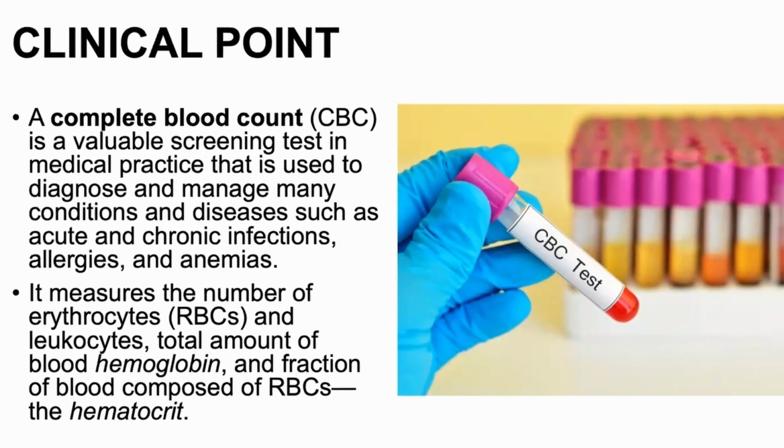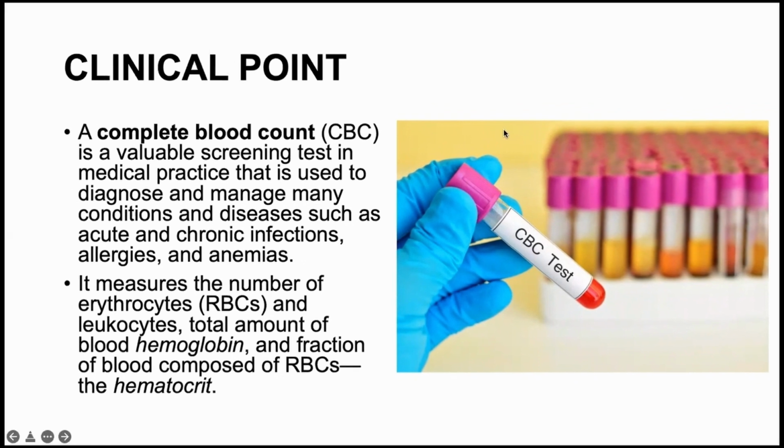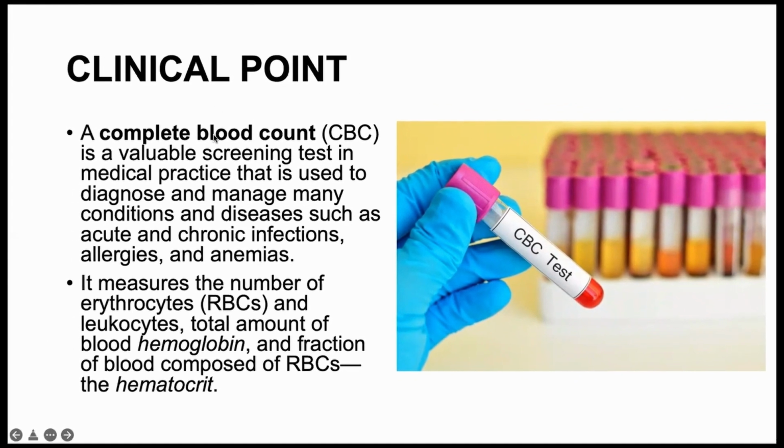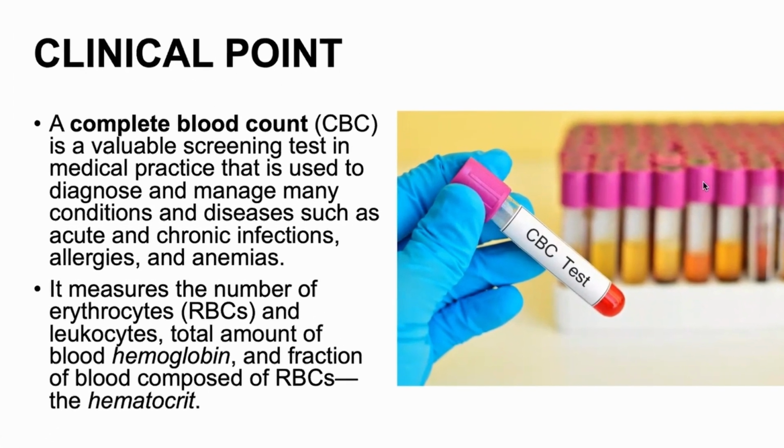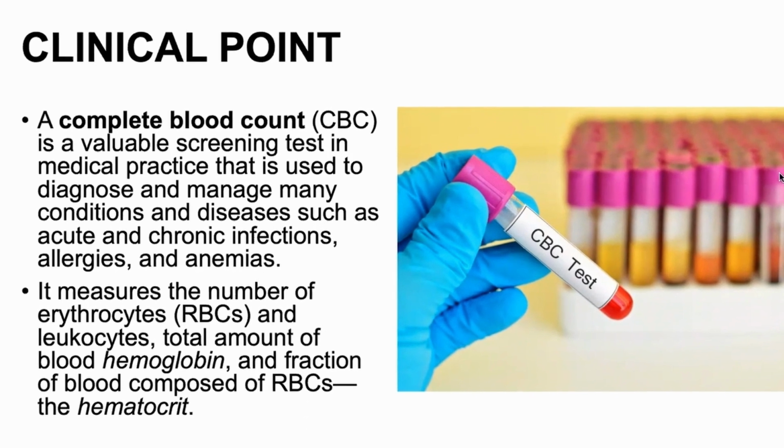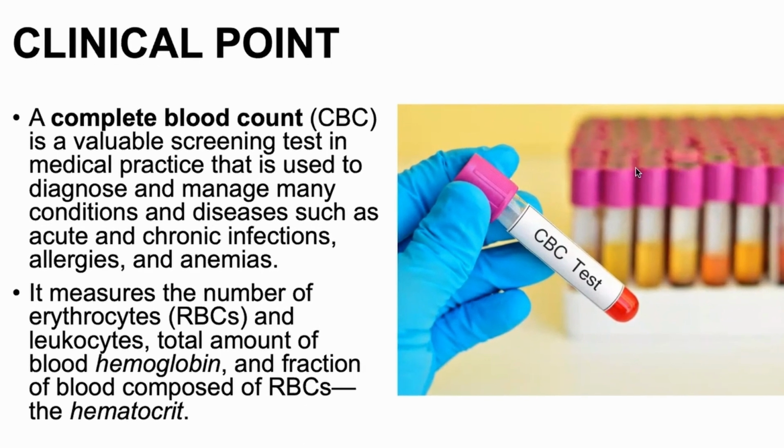So in terms of investigation for screening, you can do a complete blood count. You can, for example, take a purple top tube. It has an anticoagulant in it. It makes sense, because naturally, once your blood is exposed to the air, it clots. So there's an anticoagulant in this, and you basically can just take some blood from a person's vein, put it in this, it won't clot, and then you can centrifuge it.